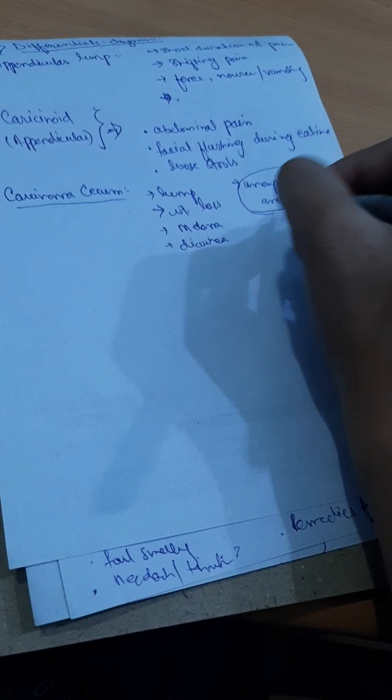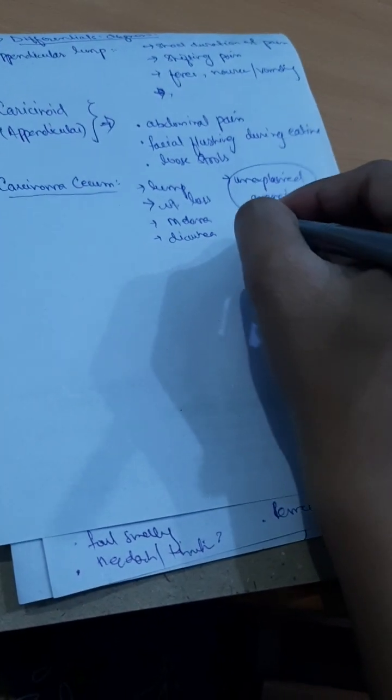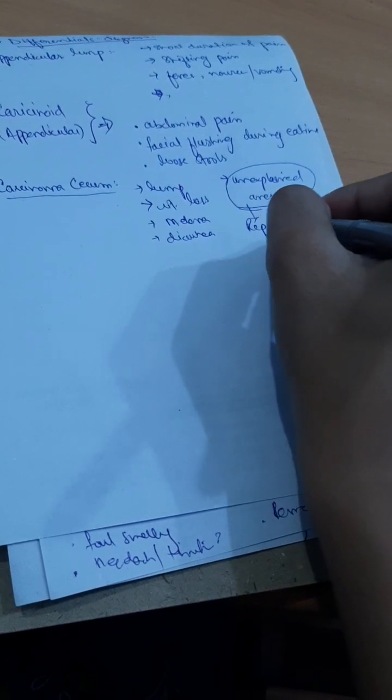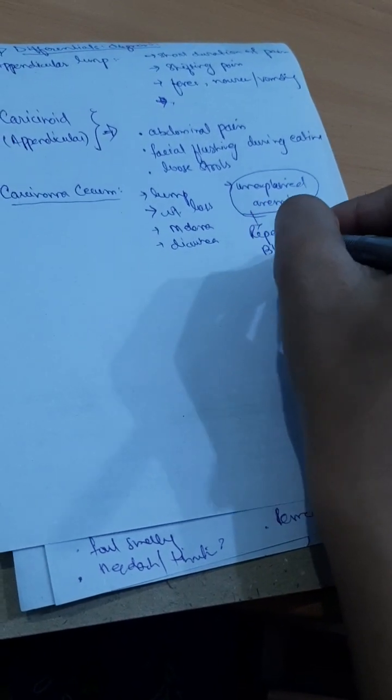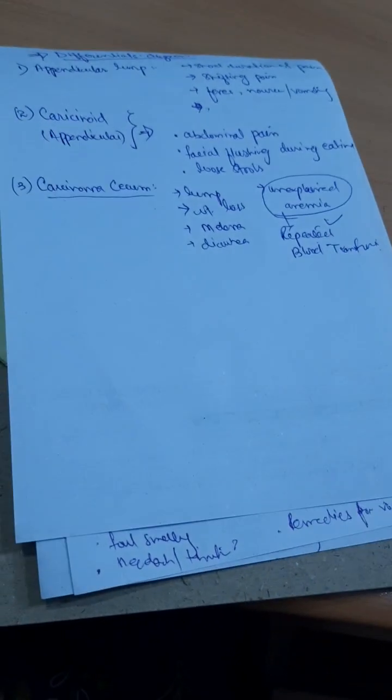This thing is very important, unexplained anemia, and repeated blood transfusion. So these questions are very important.